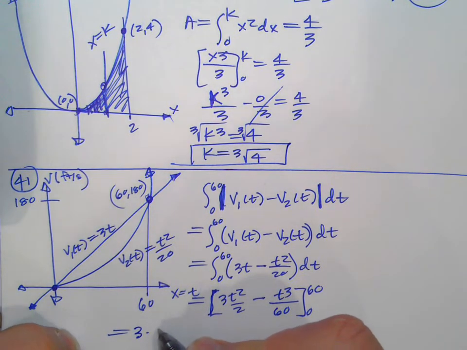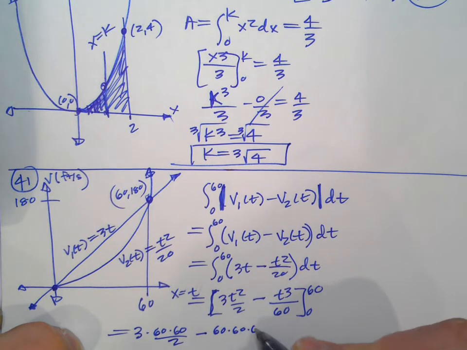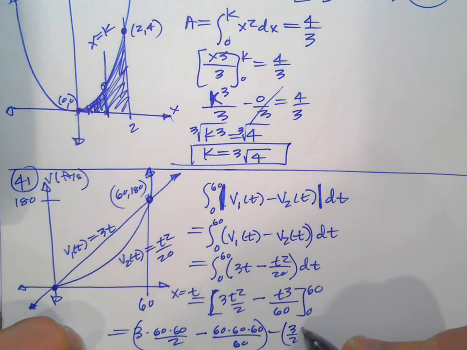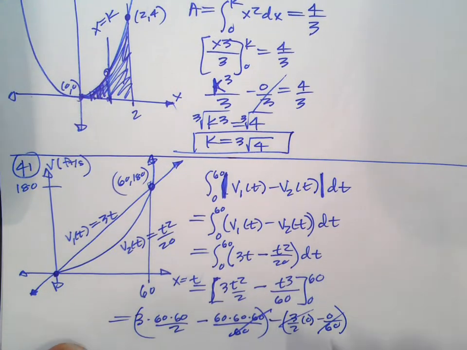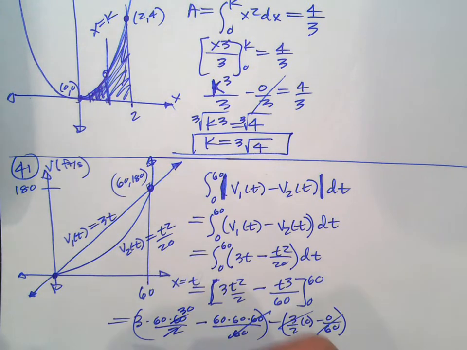Okay. So one of those 60s cancels. This gives you a 30. So that's going to be 3,600 minus 3,600. Or did I make a mistake?